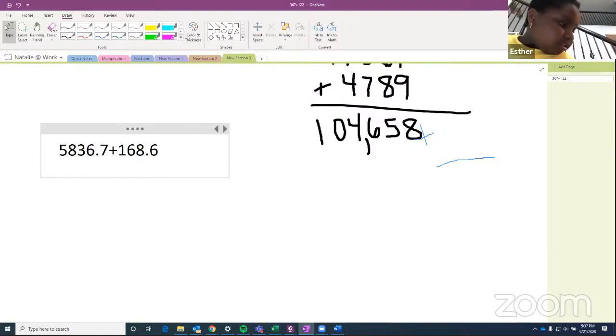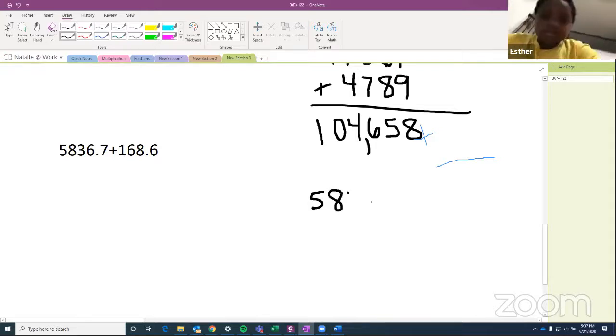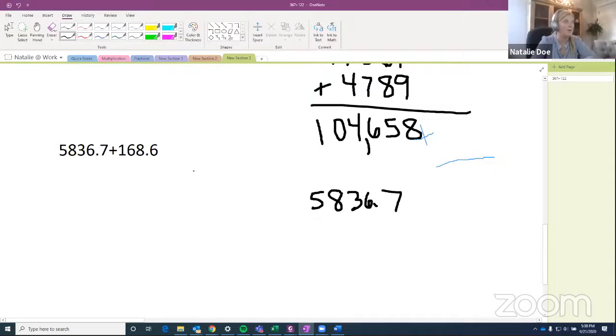We're going to do both of them together, big numbers and decimals. Again, the best thing you can do is make sure you line these up right. So let's start with the 5,836.7. How do I line up this 168.6 underneath it? What do I need to line up?